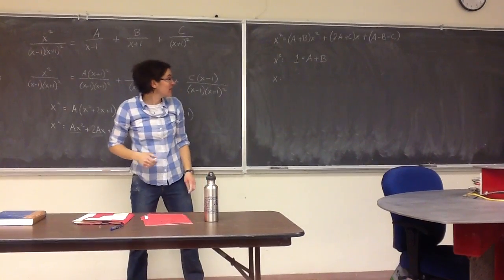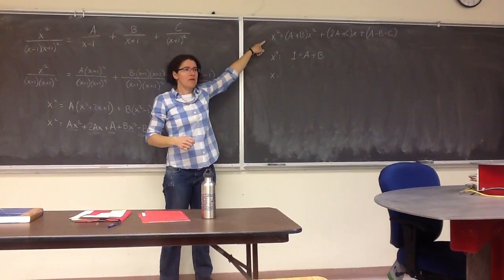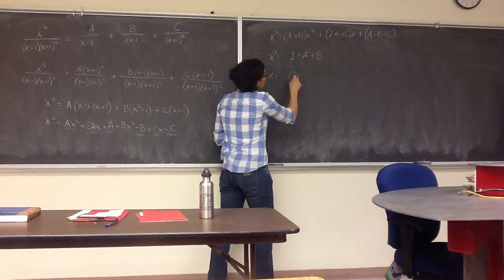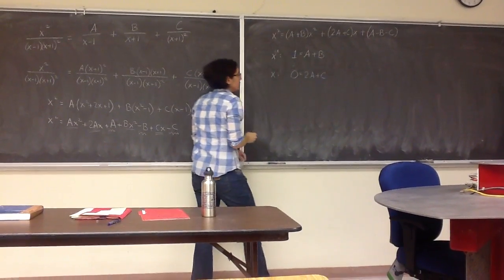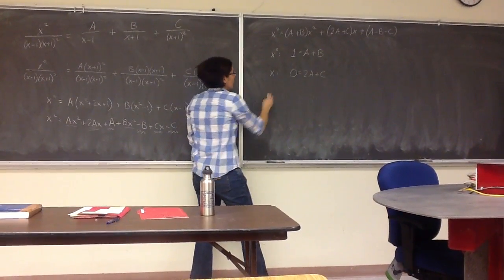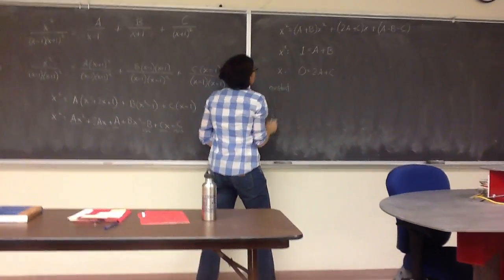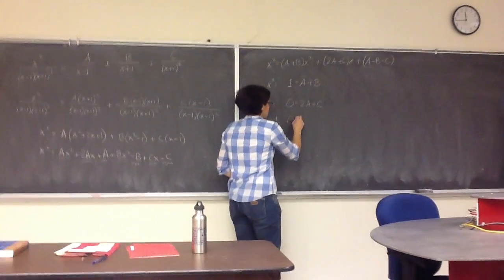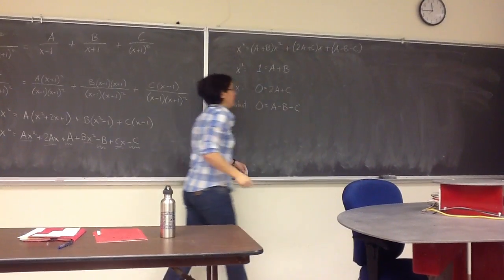On the x term, on the left side, there's no x term, so I have a 0 on the left side. And on the right side, I've got 2a plus c. And for my constant term, on the left side, there is no constant term, so I have 0 constants on the left. And on the right side, I've got a minus b minus c.